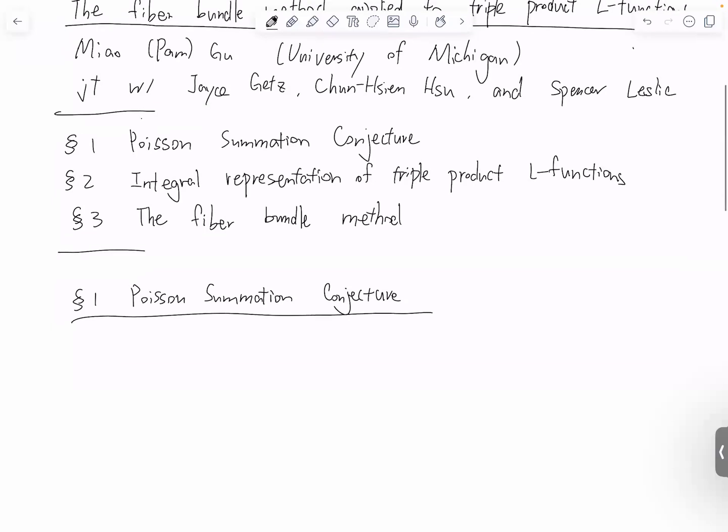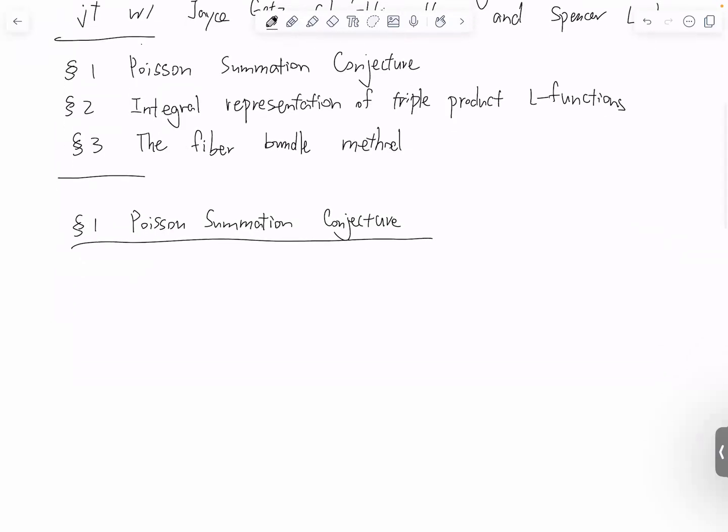So I will first start with the Poisson summation conjecture. I will denote F to be a number field, and A_F is the adele ring. I will first recall the Poisson summation formula for vector spaces.